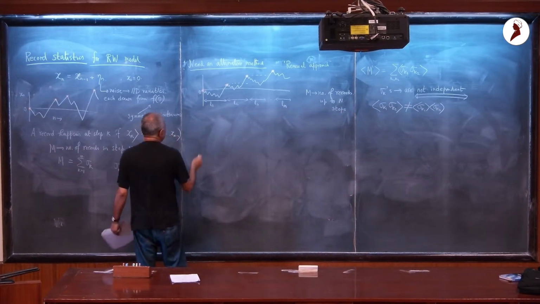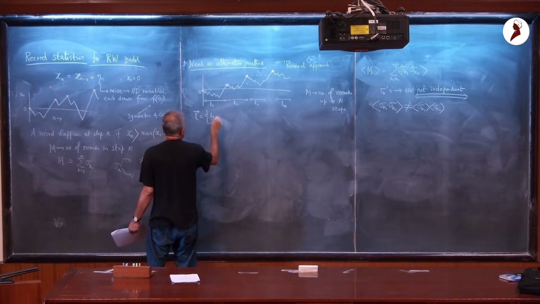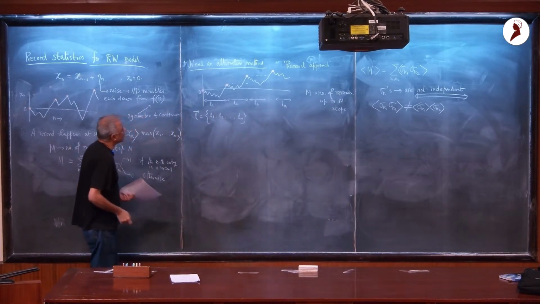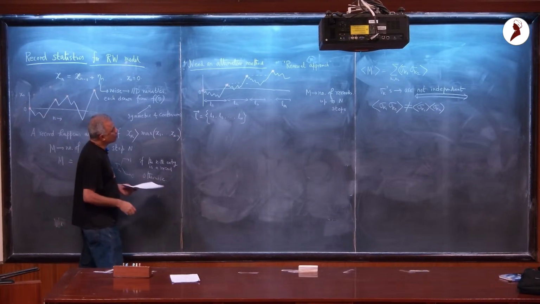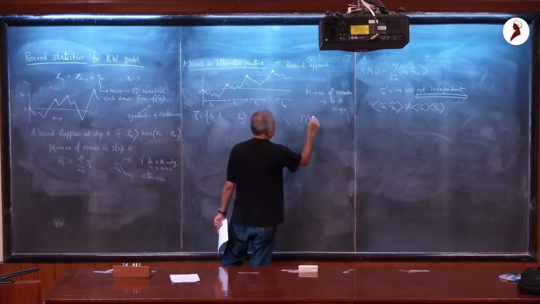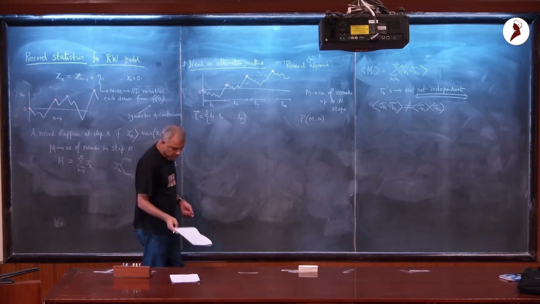And collectively, as I was doing before, I will denote by this vector L these different ages of the records, just for notational convenience. So what we want to calculate is P of M, just the distribution of the number of records.